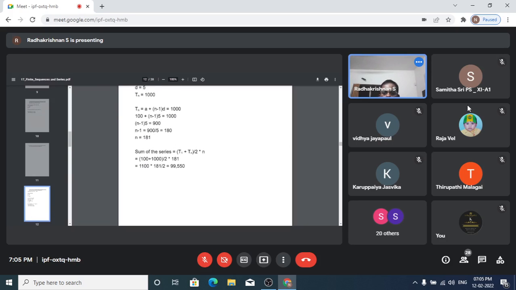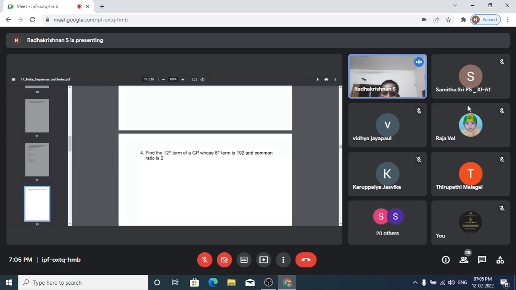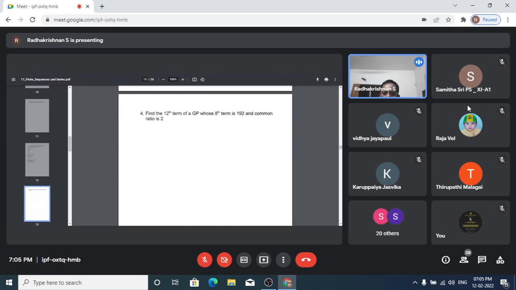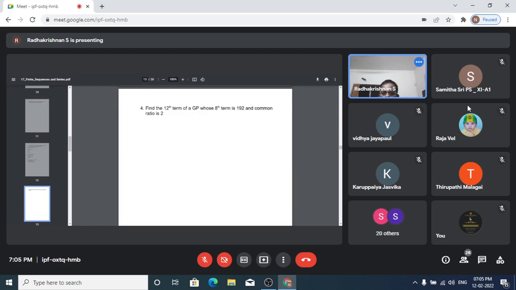Okay. So let's go to now another problem. GP. Okay. Find the 12th term of a GP whose 8th term is 192 and common ratio is 2.